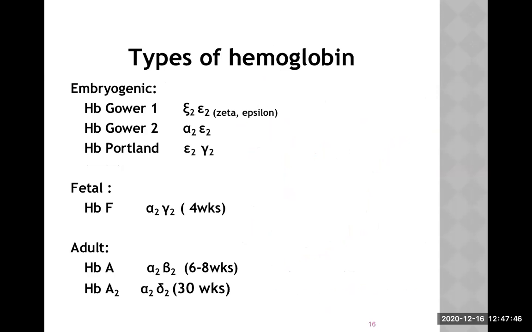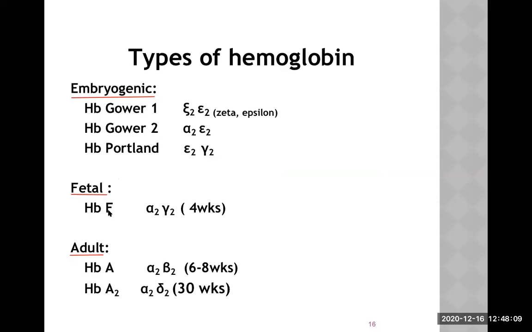Now with this, let's talk about what are these different types of hemoglobin and what are the different types of globin chain. Important questions from the exam point of view again. We have got embryogenic period, we have got fetal period, and we have got adult period or adult life.